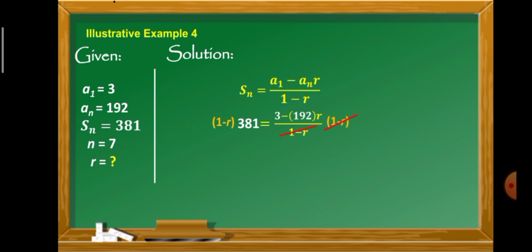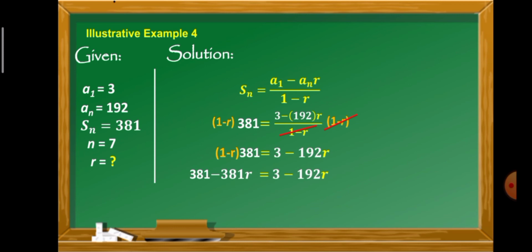Makakancel yung 1 minus r, so may iwan is 1 minus r times 381 is equal to 3 minus 192r. Next is, distribute natin yung 1 minus r. So, 1 minus r times 381 is 381 minus 381r. Okay, then copy lang yung nasa kabilang side.